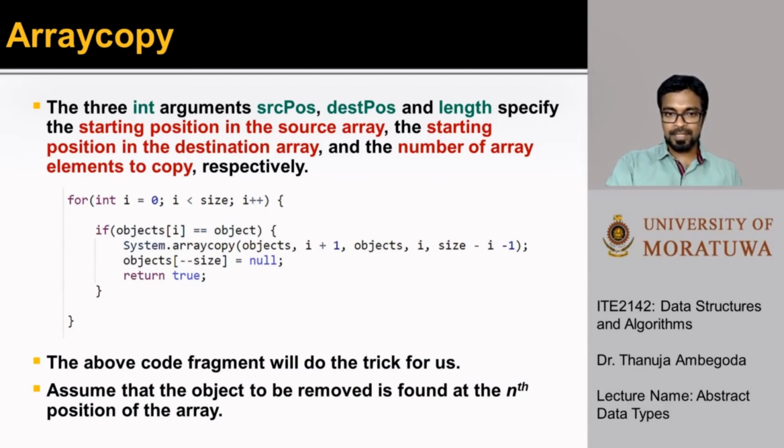So from position i plus 1. When you pass an object, and if the object is found at position i, you copy from position i plus 1 to the same array, but to position i, which in effect deletes the object at i.